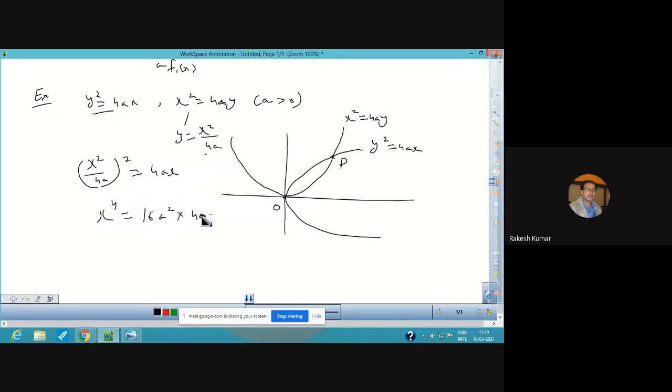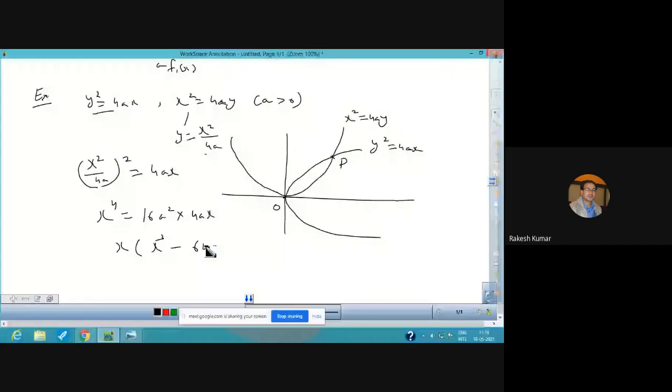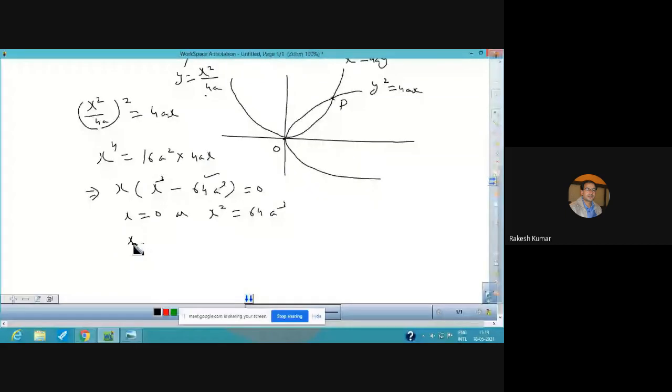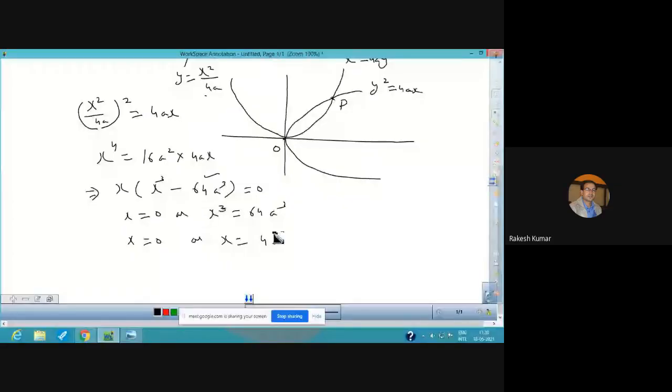So x can be taken common, and you will have x cube minus 64a cube is equal to 0. So x is equal to 0 or x cube is equal to 64a cube, that is, x is either 0 or x is 4a.